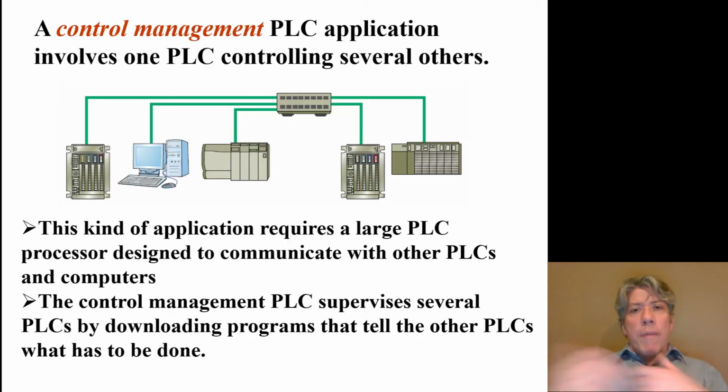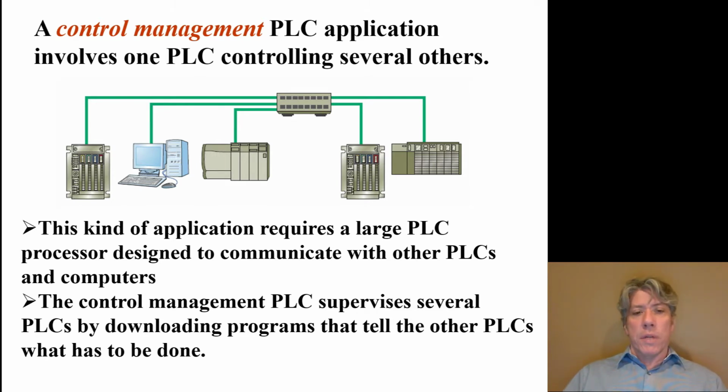A control management PLC, on the other end, is one where the PLC controls other things. So you might call it a master PLC. It's a PLC that communicates with other PLCs and computers, and there you may or may not need a whole lot of input-output points, but you typically need a PLC that's very fast, has a lot of speed essentially.